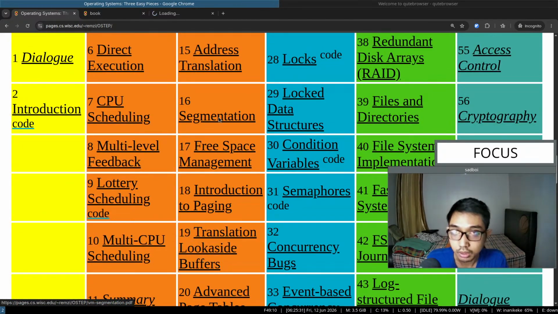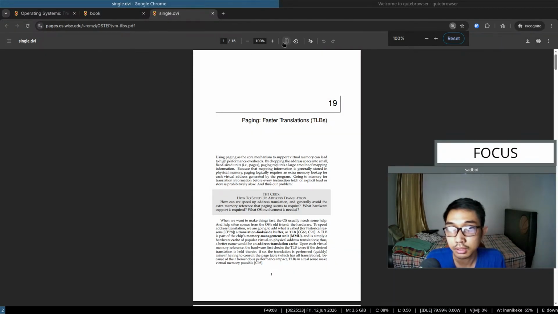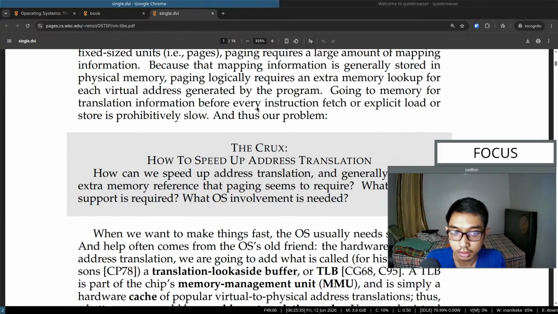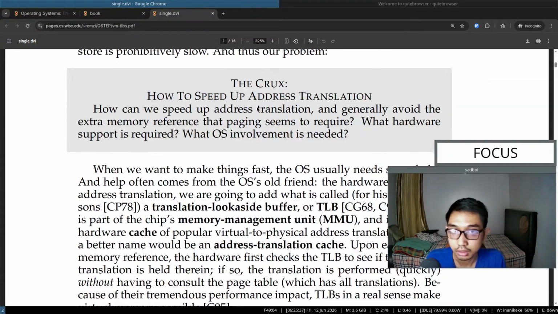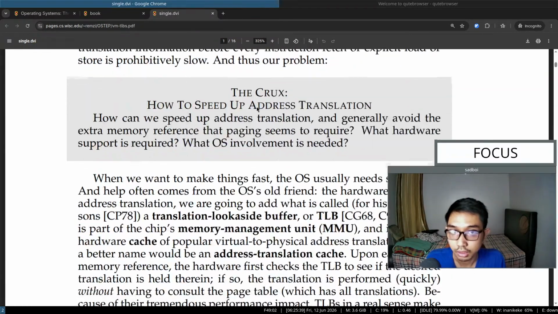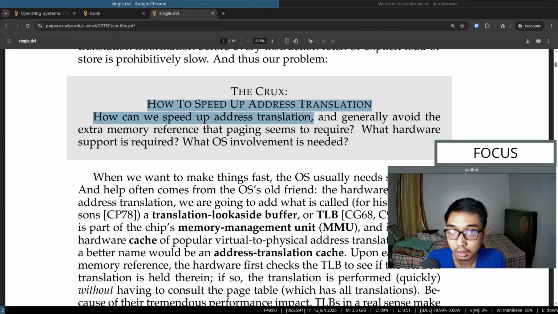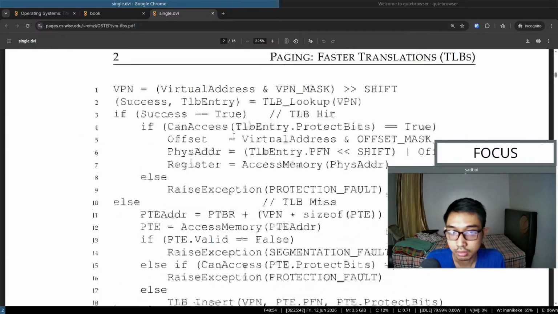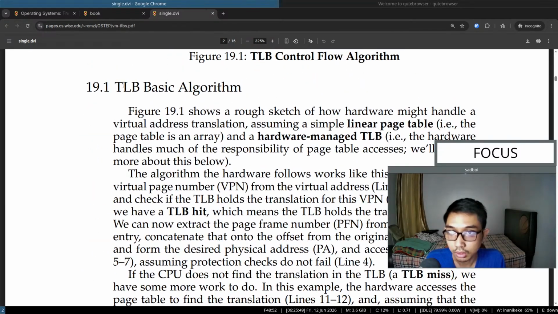Let me open that. Okay. Right, I have to take a look at this. How to speed up address translation? By using the translation lookaside buffer.